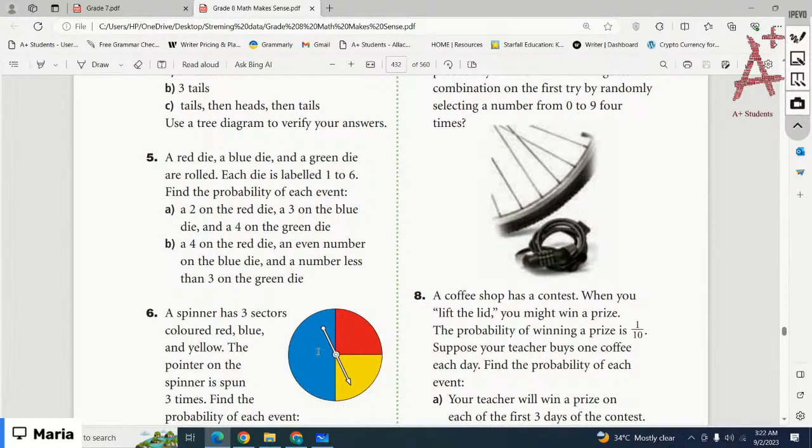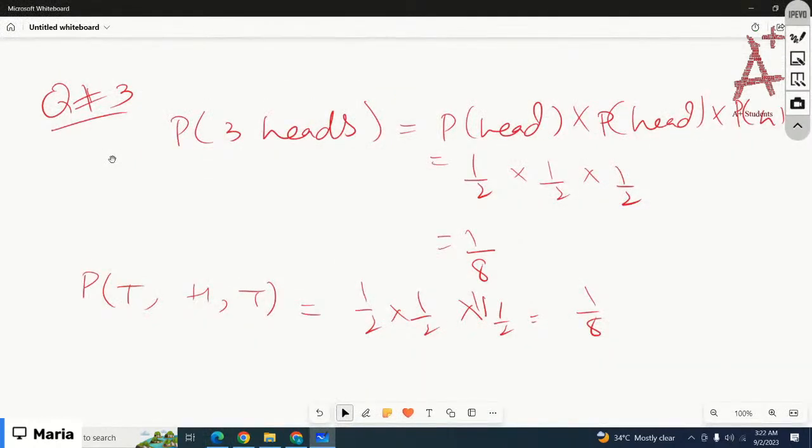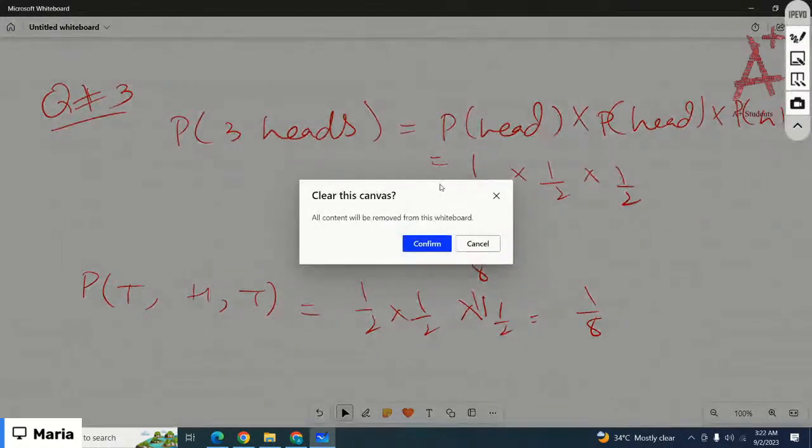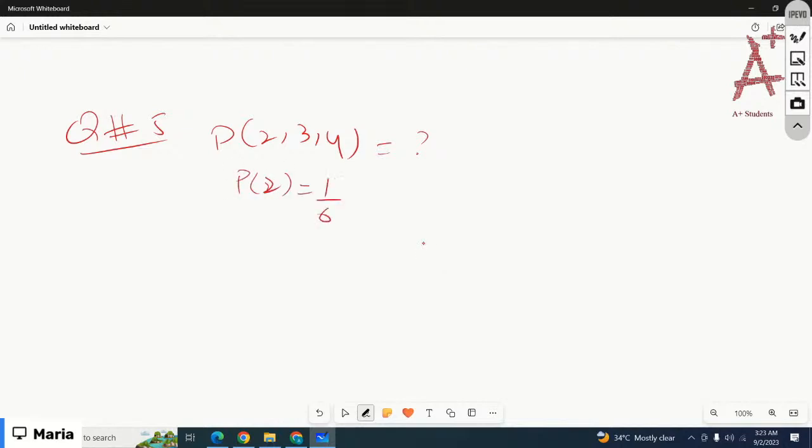Okay, let's just start with question number 5a. That is probability of 2 on red, 3 on blue die and 4 on green die, right? So that would be a die. The probability of 2 is 1 over 6.